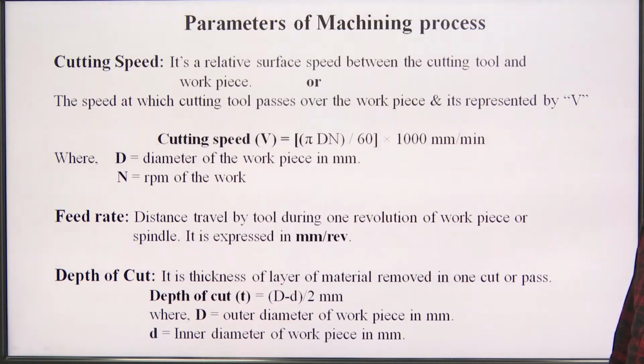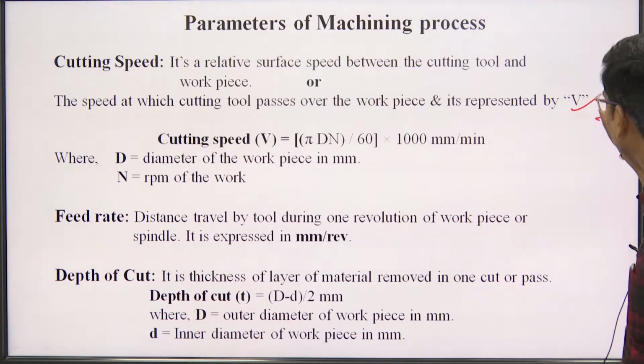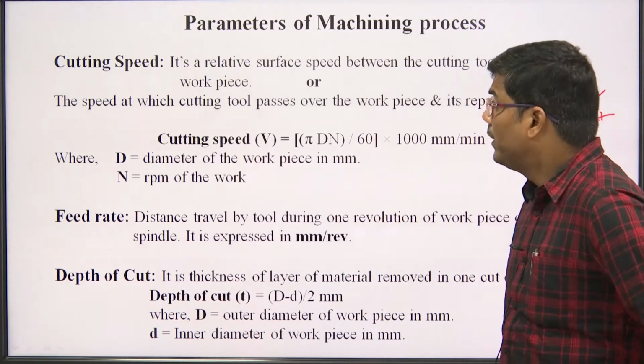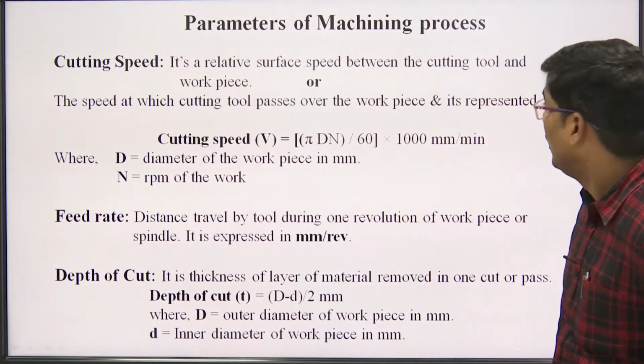Before going to the study, we discuss how these parameters affect the machined surface. In metal cutting, cutting speed is defined as the speed at which the tool passes over the workpiece, and it is represented by capital V. Or we can say it is the relative surface speed between the cutting tool and the workpiece.